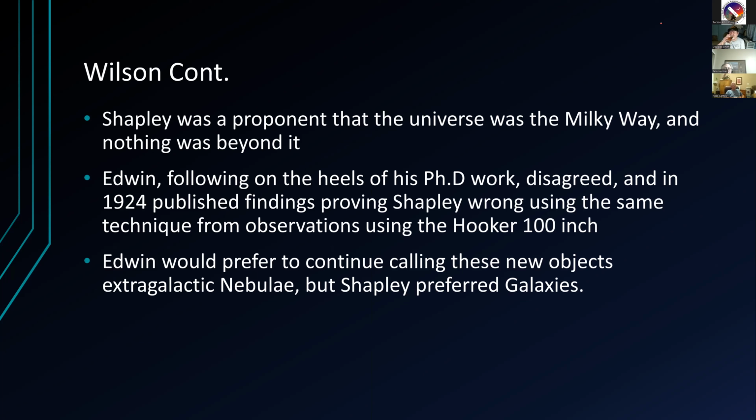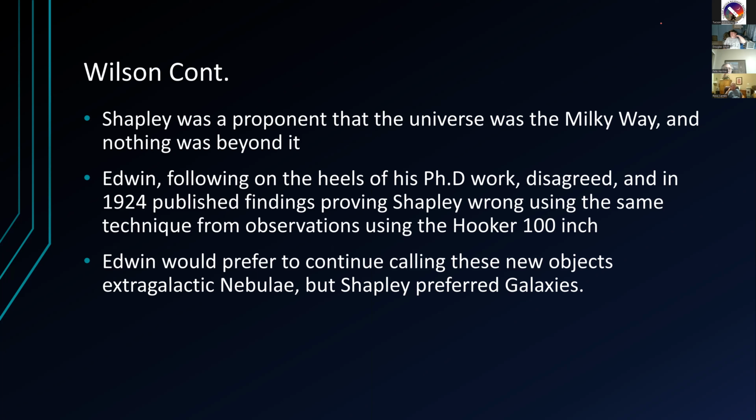And so Hubble, using the same techniques that Shapley did with Cepheid variable stars, went on to determine distances to several galaxies, notably the Andromeda Galaxy, Messier 31, and the Triangulum Galaxy, Messier 33. Just because of their proximity to us, it made it easier for him to identify Cepheid variable stars. He published in 1924 that both of those galaxies were well beyond the Milky Way.